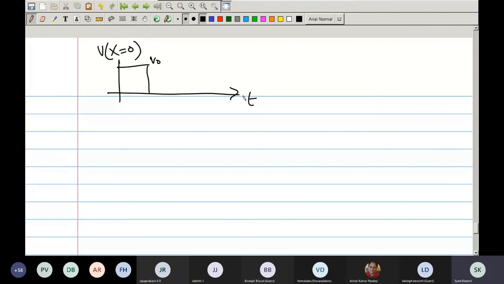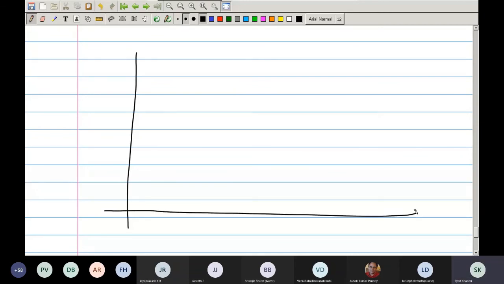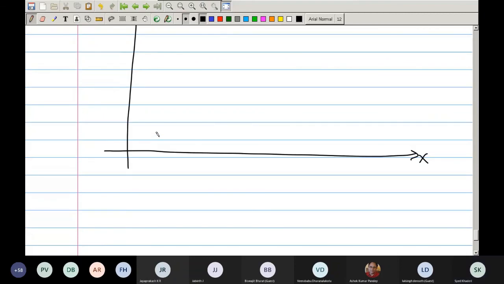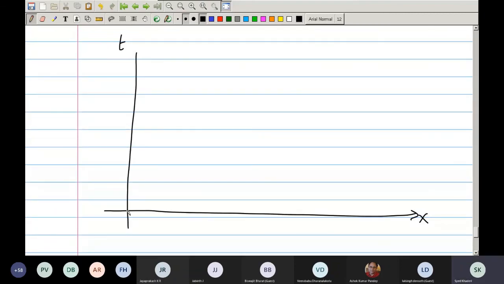So what will happen now? In the xt plane, we will have something like this, and let's say I am stopping this at the time tau. Until time t equal to tau, I am applying a velocity, then I am applying 0 velocity. Because of this, we will have distinct characteristic lines which propagate.